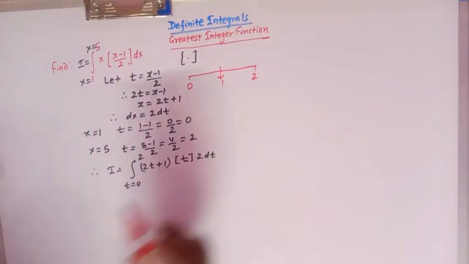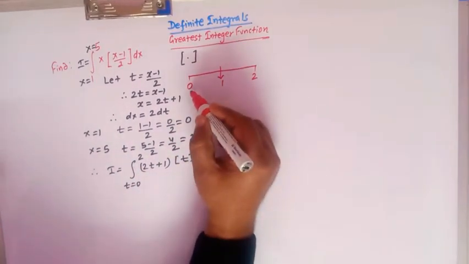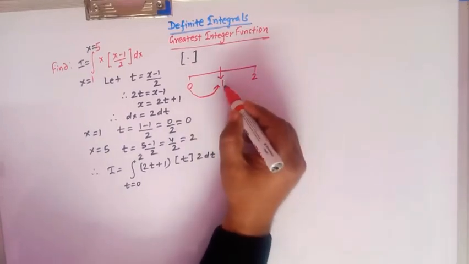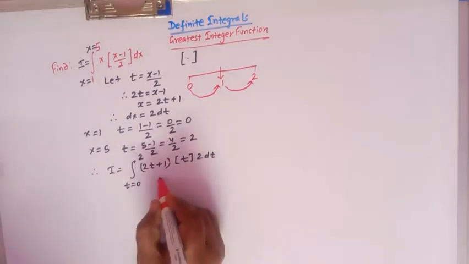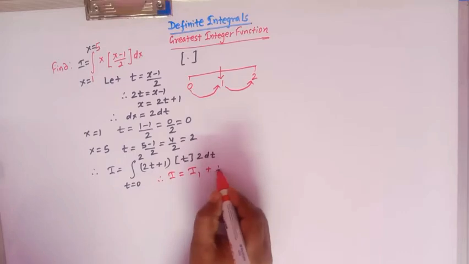So what we will do, we'll break this integral I into the sum of two integrals, one from 0 to 1 and the other from 1 to 2. Therefore I is equal to I1 plus I2.